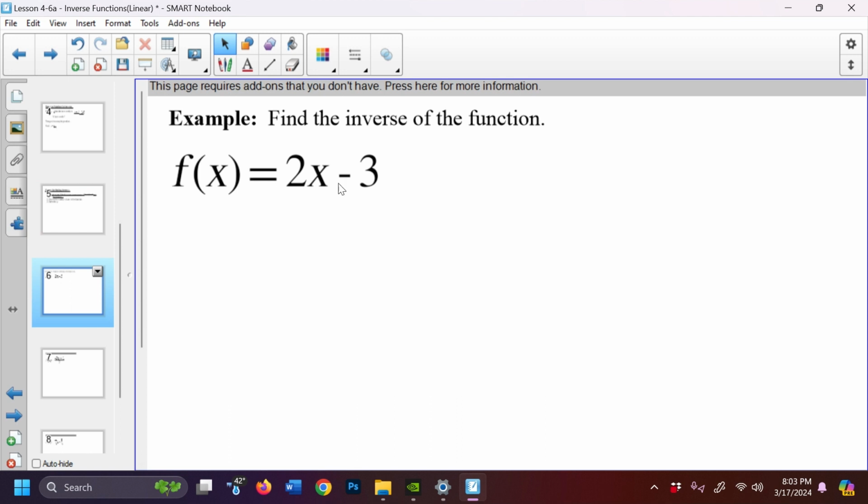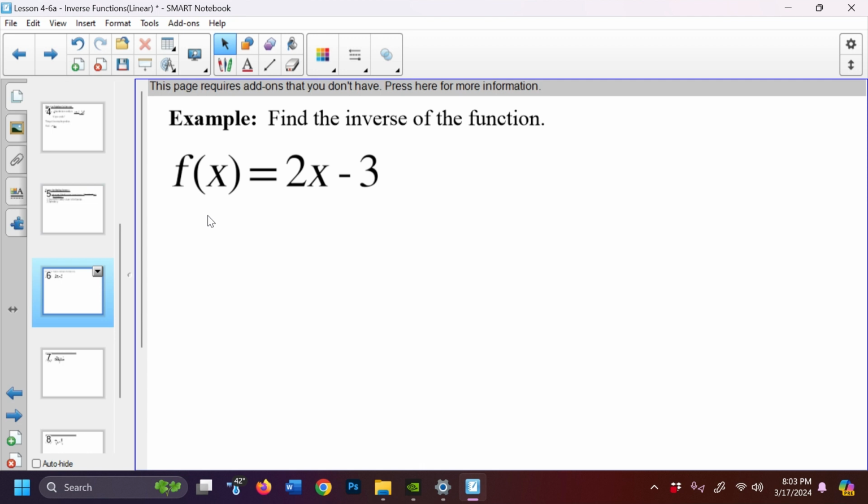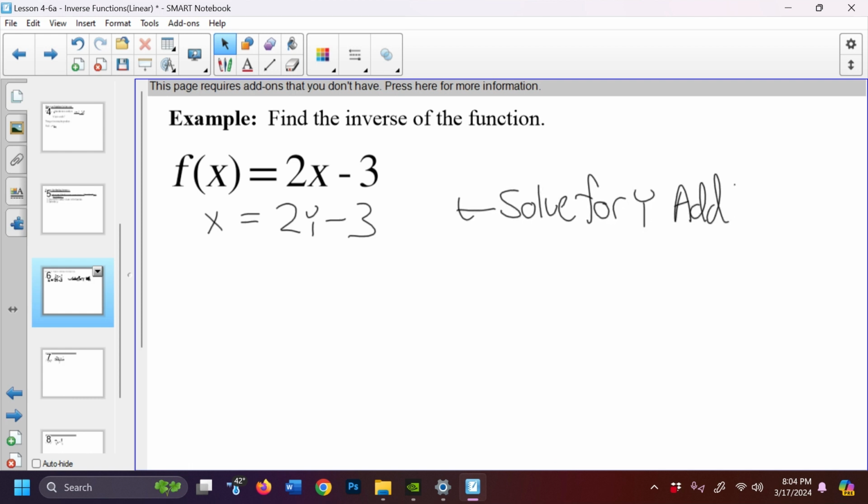Very quickly, usually our f of x is what we call y. Following those steps, switch the x and y values in the function and solve for y. I am going to rewrite this as x is equal to 2y minus 3. And we're going to solve this for y. We'll add 3 to both sides.